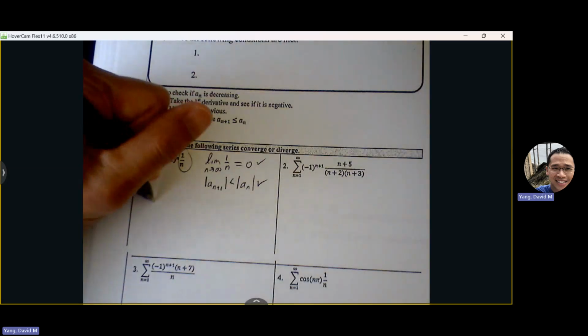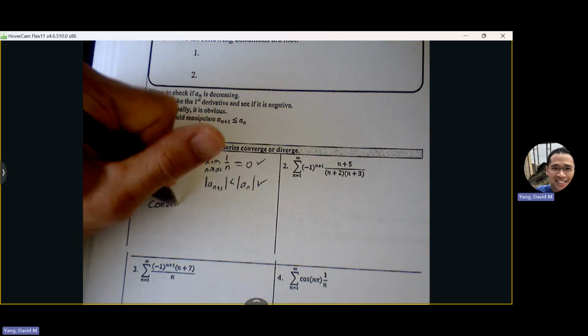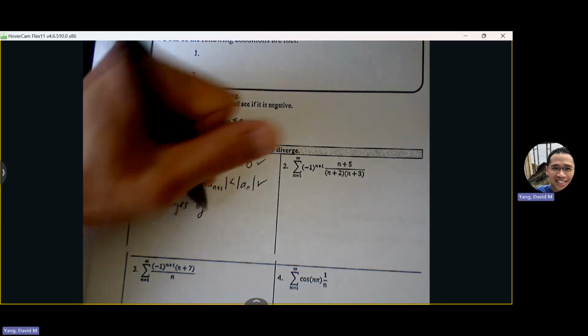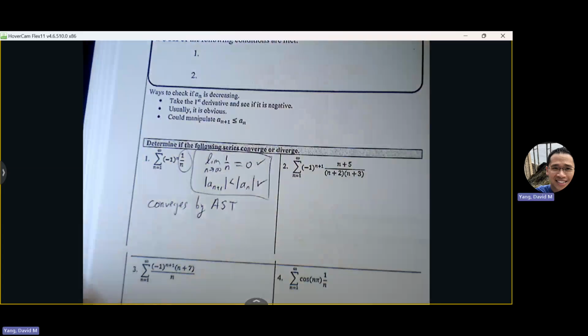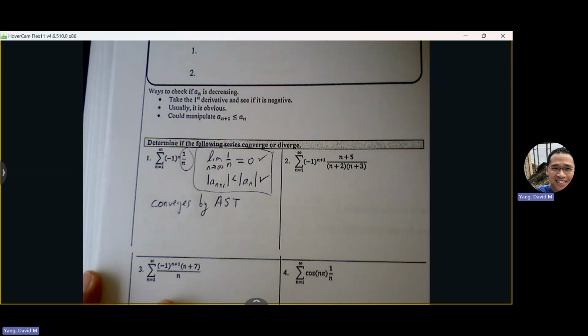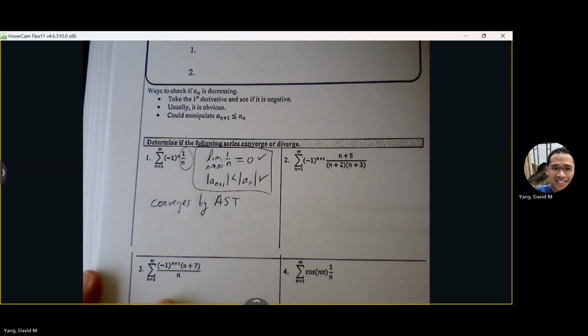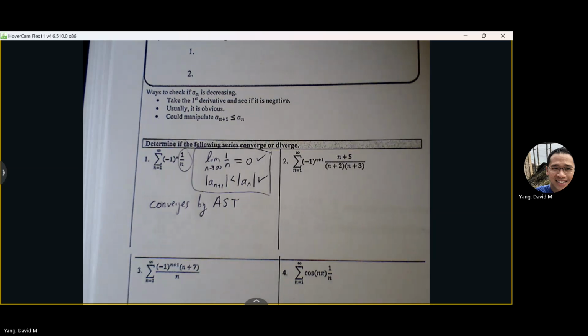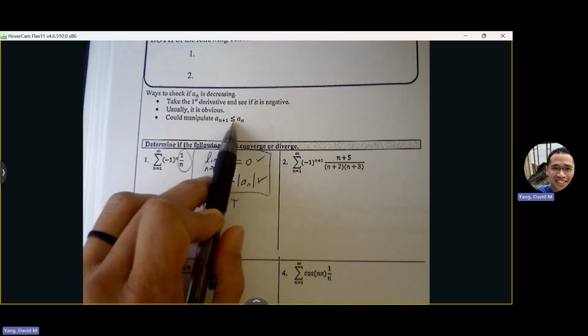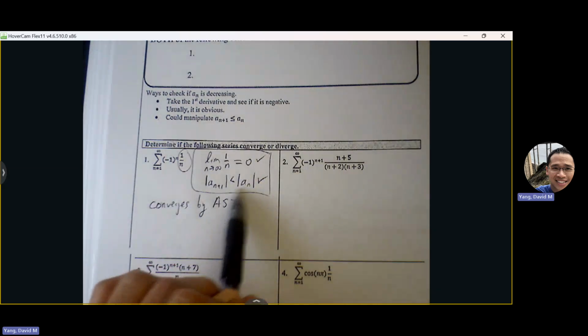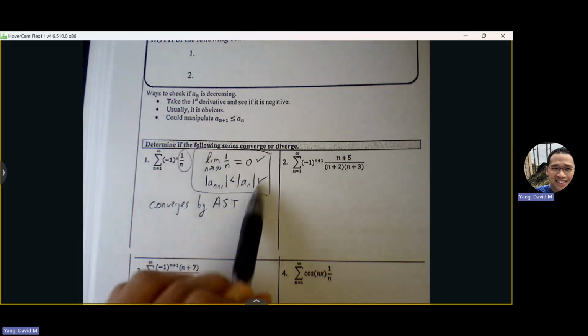So we can say our series converges by the alternating series test. And this is enough for us as justification. We don't have to go through and show that the next term is smaller than the first one. On the AP exam, this will be sufficient.